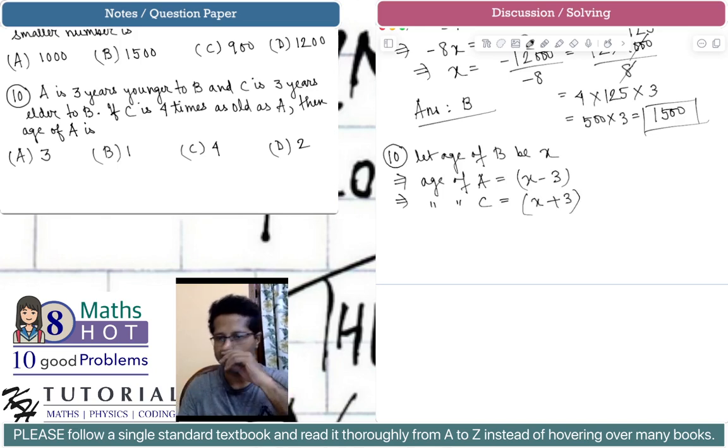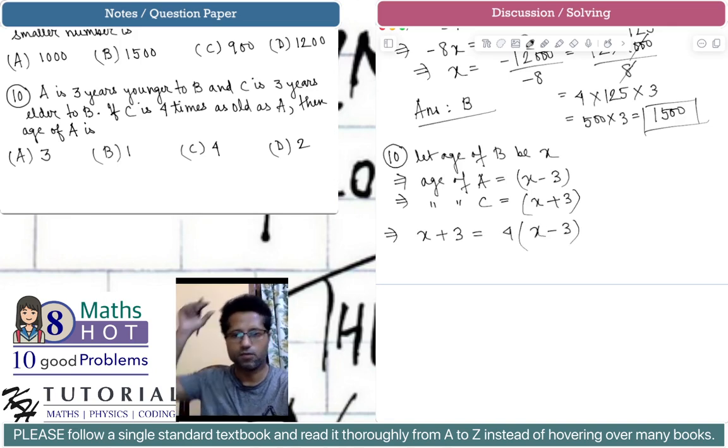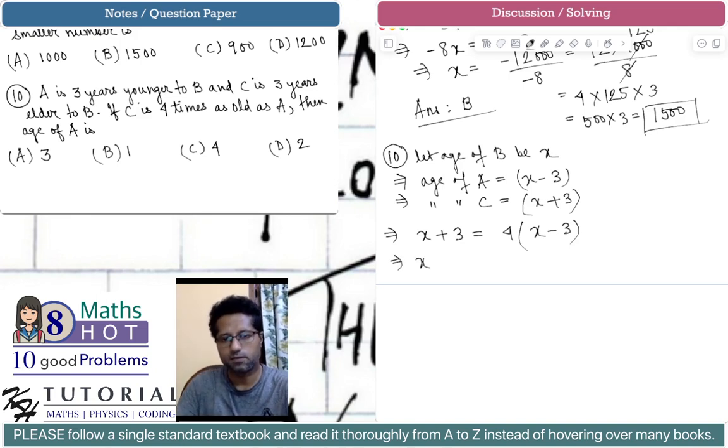Now it is given a relation between the age of A and C. That is, it is saying if C is 4 times as old as A, so this will imply x plus 3 will be equal to 4 times x minus 3. So this is the equation we have got. We can easily solve x. We have x plus 3 is equal to 4x minus 12.